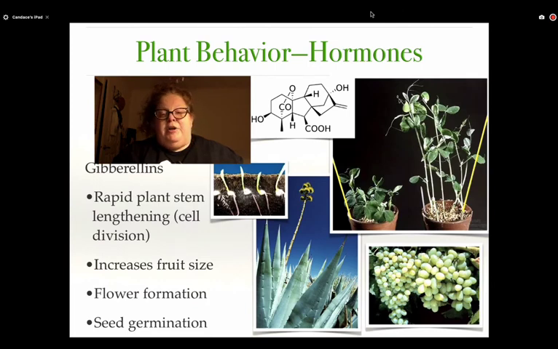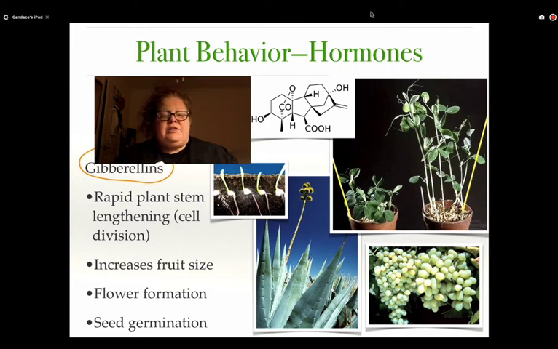All right, so another plant behavior that's regulated by a hormone is cell division, and actually lengthening of the stem. And this is controlled by a group of plant hormones called gibberellins. I know it's kind of a silly sounding word, but that's what they're called.